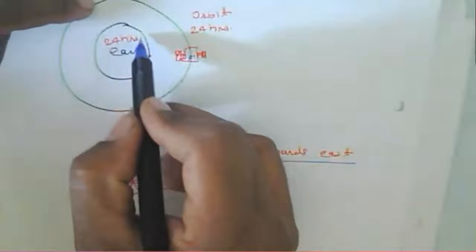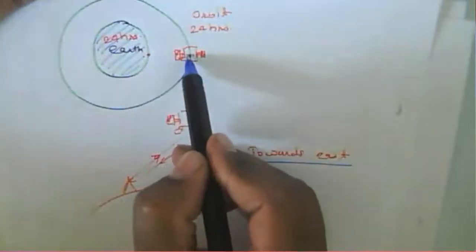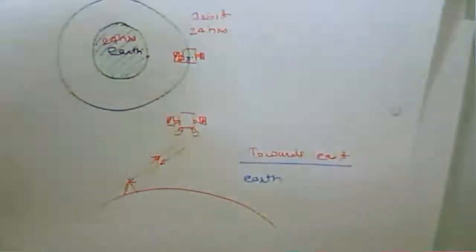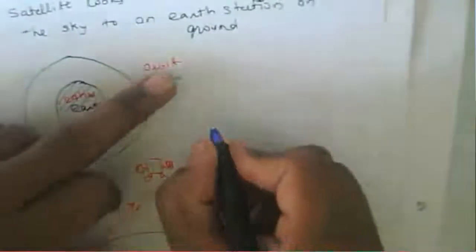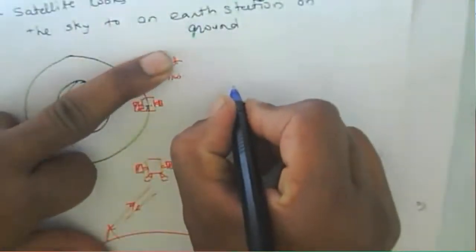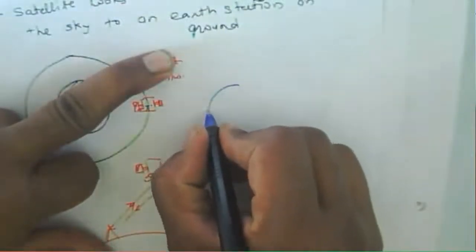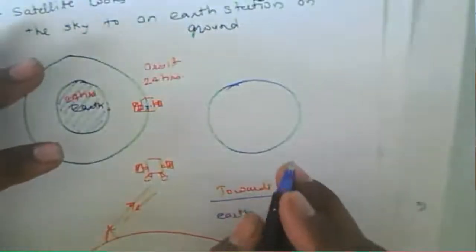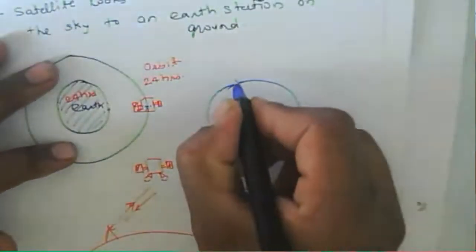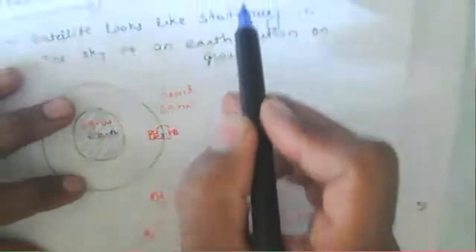Suppose this is the equator here. This point is rotating. This one is about the Earth, and I say this is a plane, the Earth plane, and from that it is rotating. Now, if you see a geostationary orbit, it is at about that much height, but in general, because of the shape of the Earth, it is not circular.